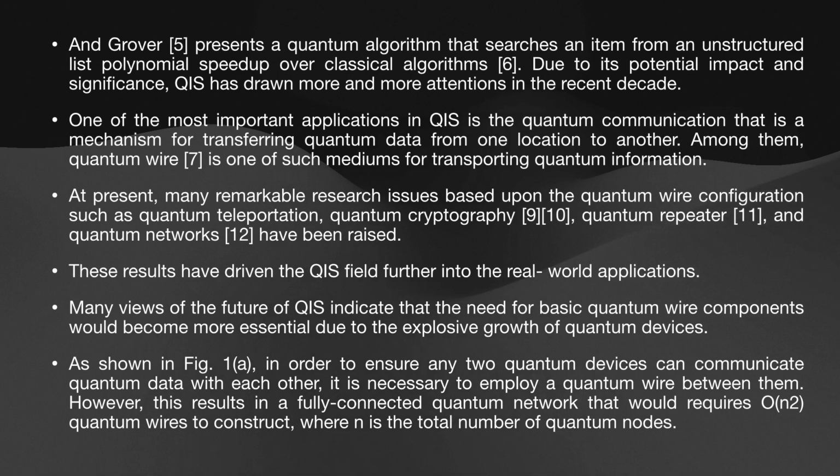However, this results in a fully connected quantum network that would require O(n²) wires to construct, where n is the total number of quantum nodes. So now let's get into the next topic.